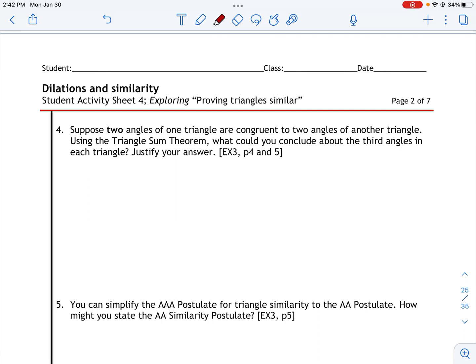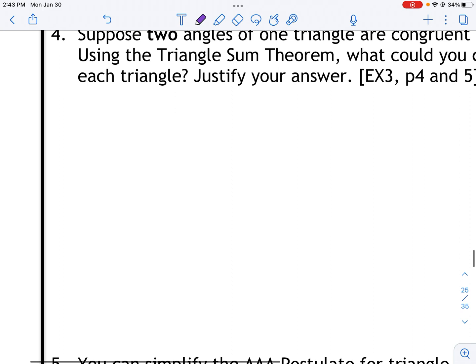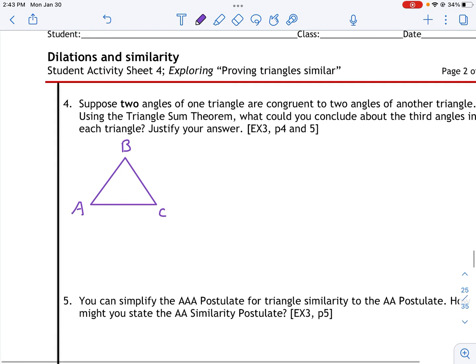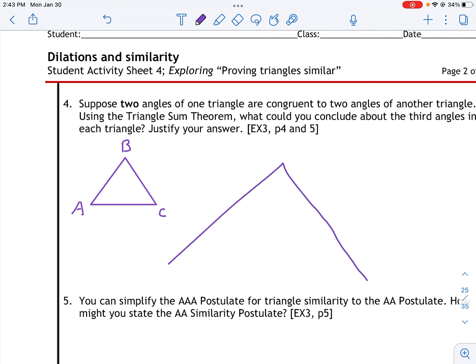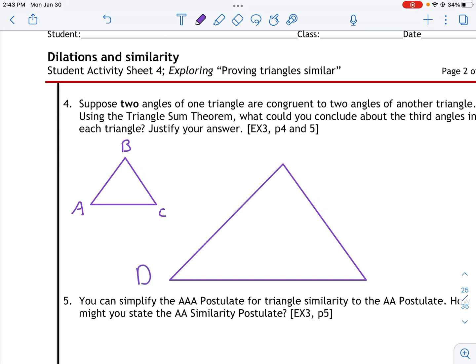So suppose 2 angles of one triangle are congruent to 2 angles of another triangle. Using the triangle sum theorem, what could you conclude about the third angles in each triangle? Justify your answer. For this one, I think it's easiest to draw a picture. So I'm going to draw a triangle. There's the first one, right? Let's label it as A, B, C. Then if I drew a bigger triangle, there's my bigger one.